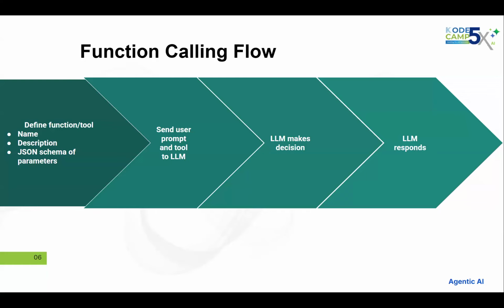So if the function tool has been defined and made accessible to the LLM, then you can just call the LLM and send it a user prompt. The LLM evaluates your instruction, your request, and figures out whether or not a function call should be made. If it decides that there should be no function call, it responds the typical way it does, with some text response.